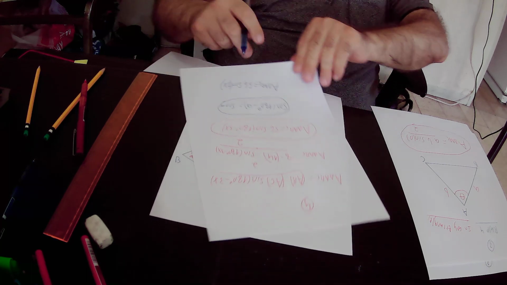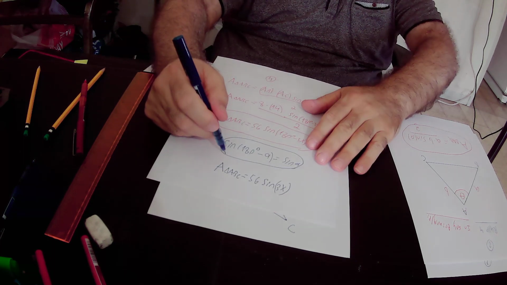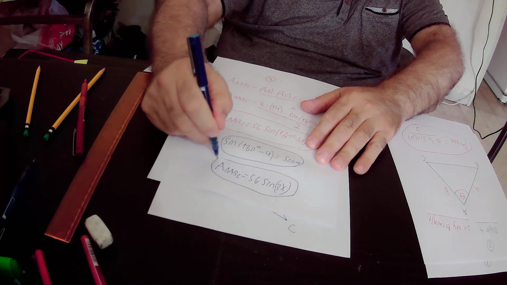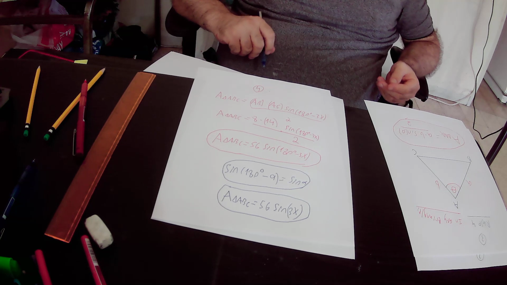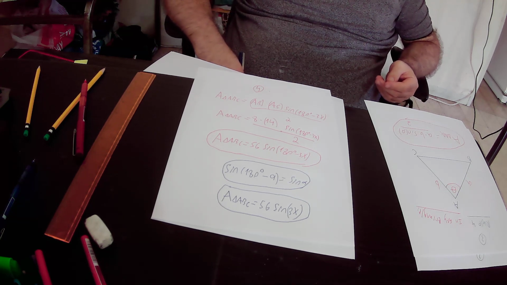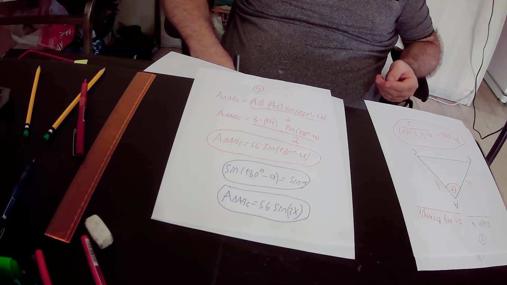Okay, so the area of triangle ABC equals 56 times sine of 3x.